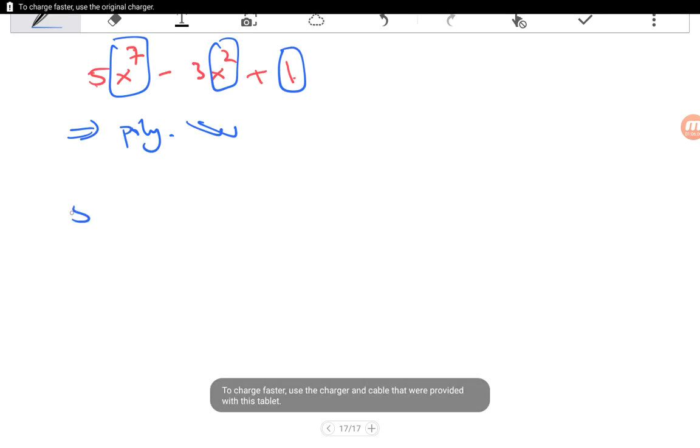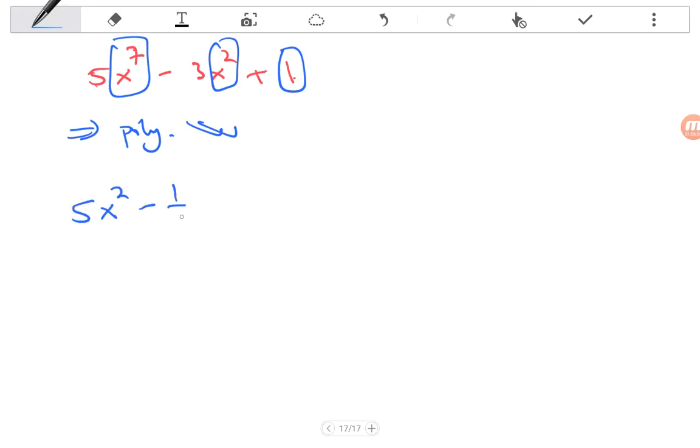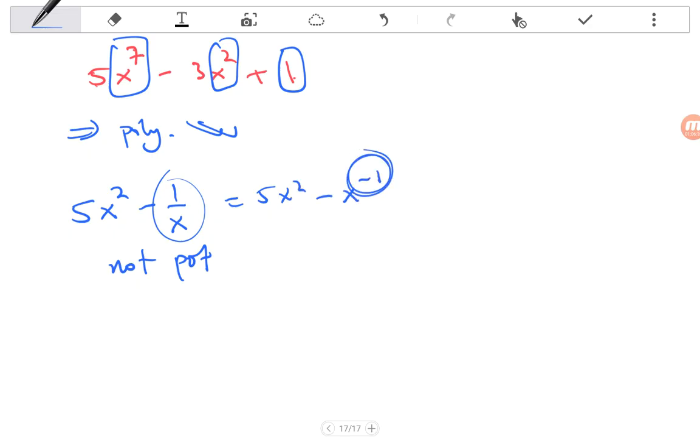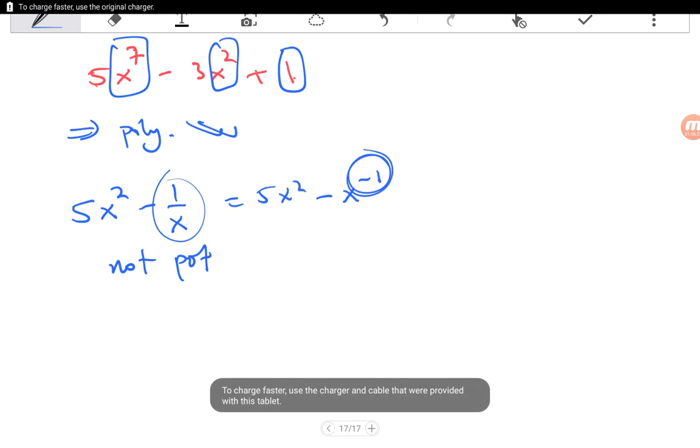But if I say, for example, 5x^2 minus 1 over x, is that a polynomial or not? That is not a polynomial. Why? Because this term has a negative power, 5x^2 minus x^(-1), and negative powers are not allowed in a polynomial.